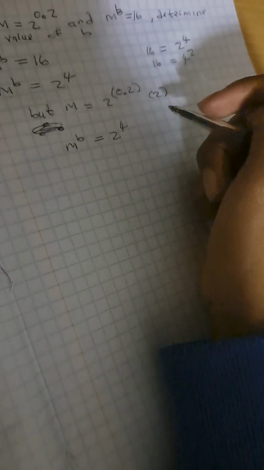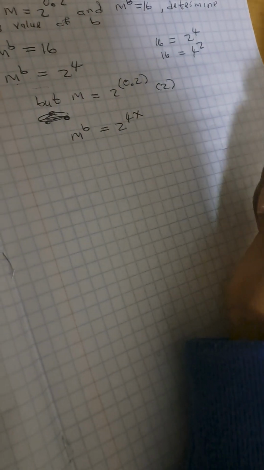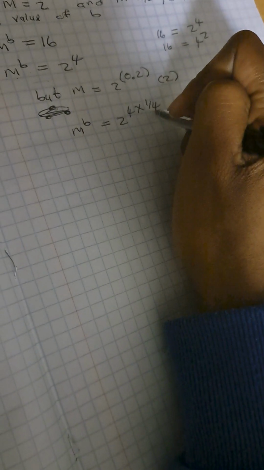And then I hope you can see we multiply by 1/b on both sides. Remember, what you do on the one side, you do on the other side as well.